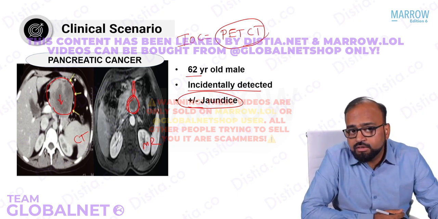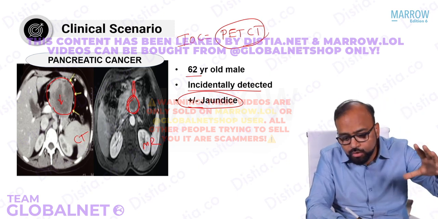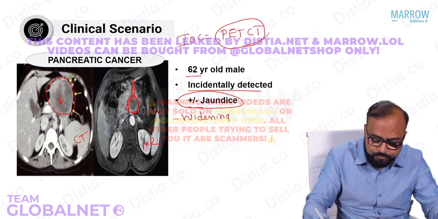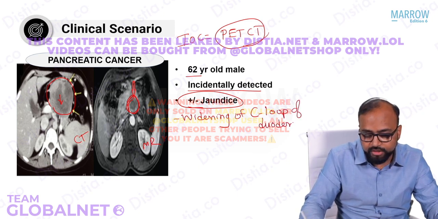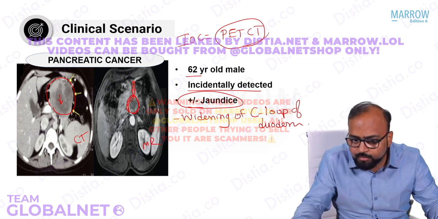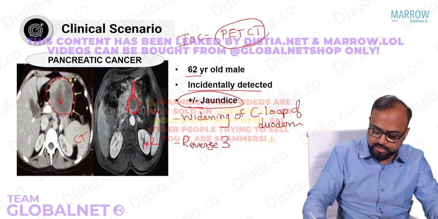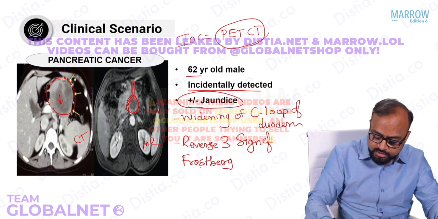On barium, there are certain signs which are described. Because there is a mass here, it is going to widen the duodenal loop. So this is called widening of the C-shaped loop of duodenum, or this is also given a sign which is called the reverse 3 sign of Frostberg.